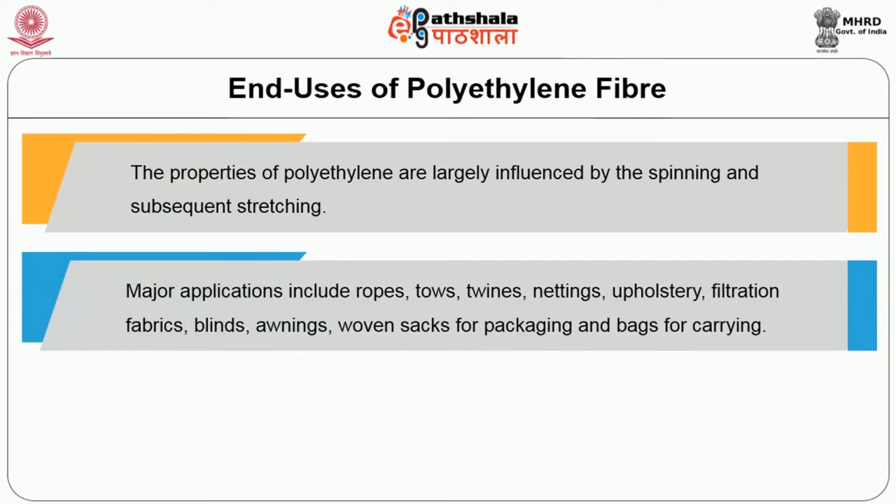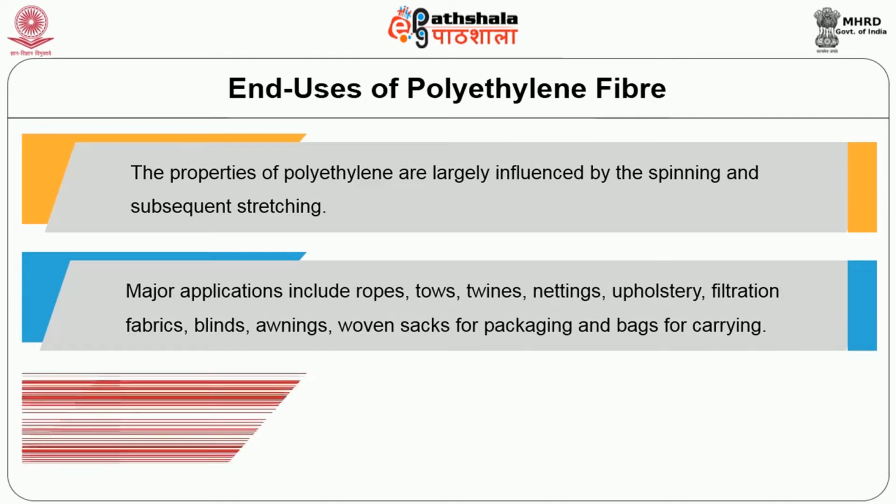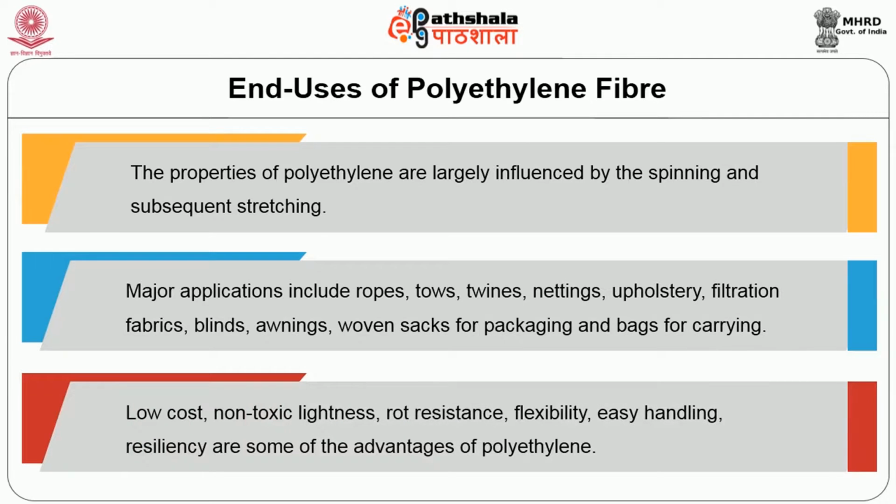Major applications include ropes, twines, tows, nettings, upholstery materials, filtration fabrics, blinds, awnings, woven sacks for packaging, and bags for carrying. Low cost, non-toxicity, lightness, rot resistance, flexibility, ease of handling, and resiliency are some of the advantages of polyethylene.